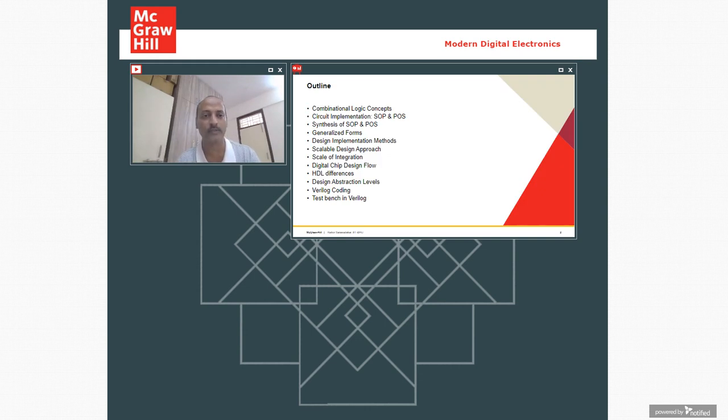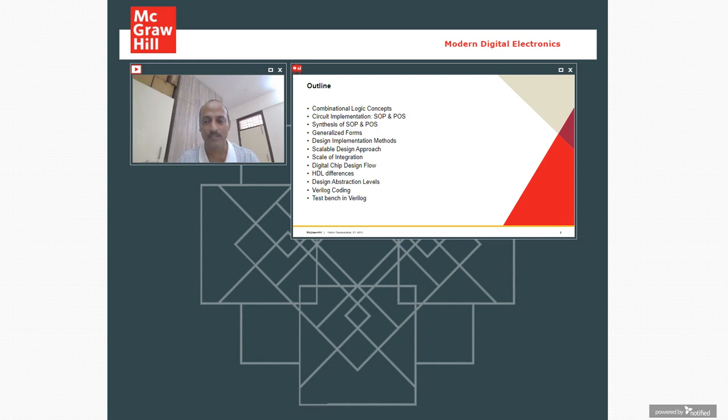The outline for today's session is combinational logic circuit concepts, then circuit implementation of SOP and POS, how to synthesize them, the generalized form of the SOP and POS, how to implement these designs, how to do scalable design, what the scales of integration are, and then I'll talk about the digital chip design flow and HDL, differences between Verilog and VHDL, and different design abstraction levels. Finally, I will conclude my topic with Verilog code and test bench in Verilog.